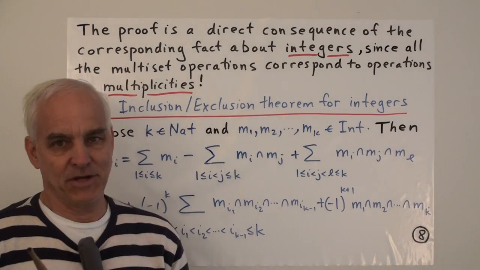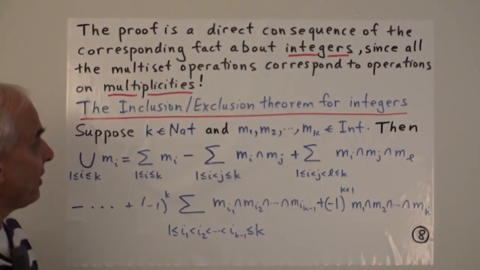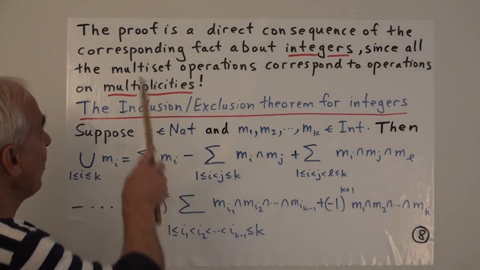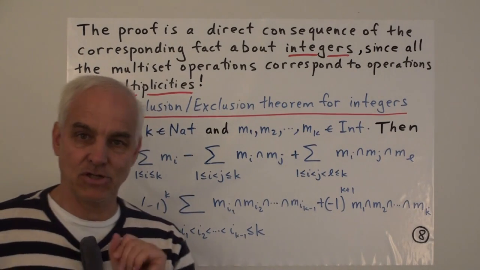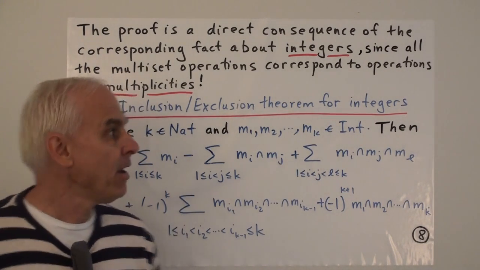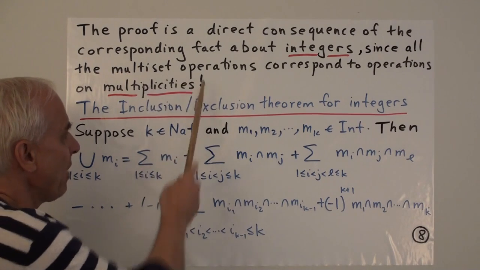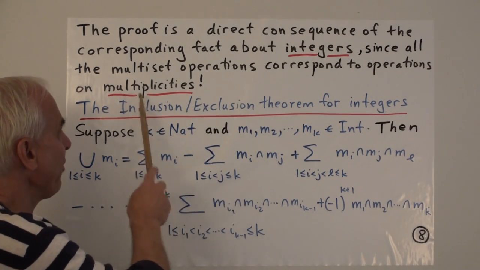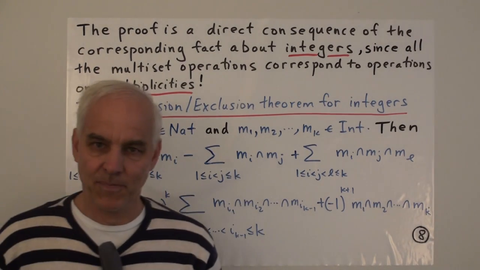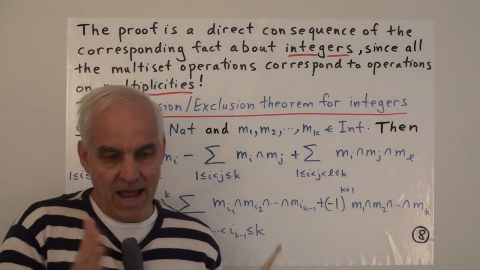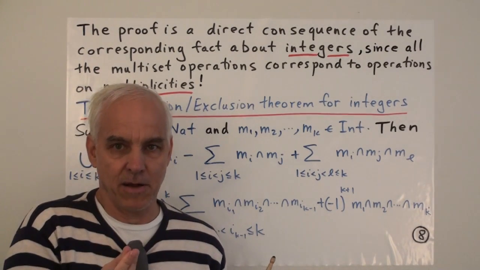Well, the key observation is to recognize that the proof is really a direct consequence of the corresponding fact about integers. Because the multiset operations correspond exactly to the operations on multiplicities. In other words, we can look at what's happening one element at a time.